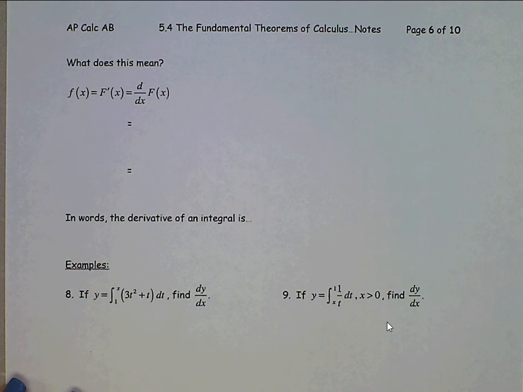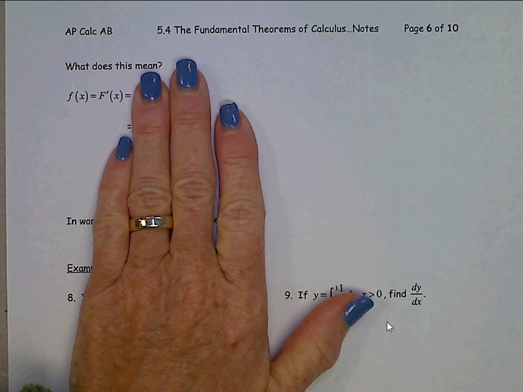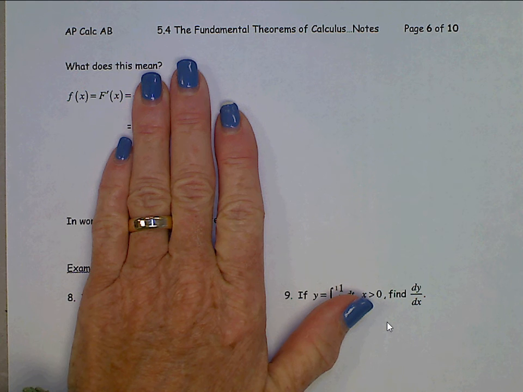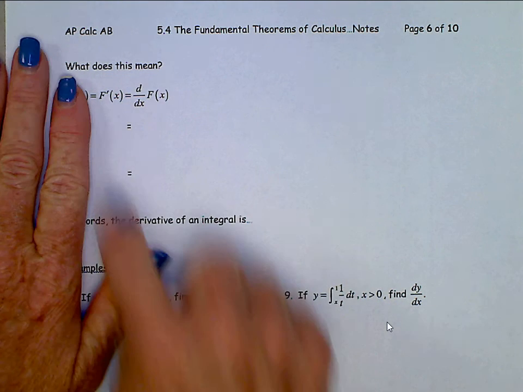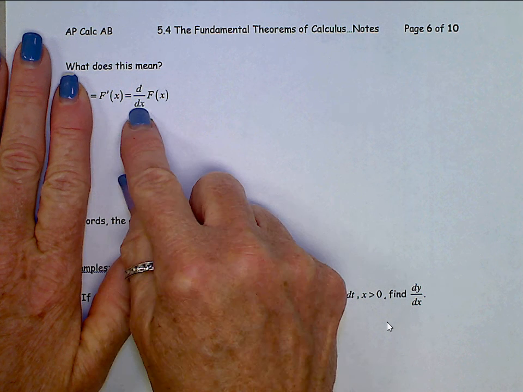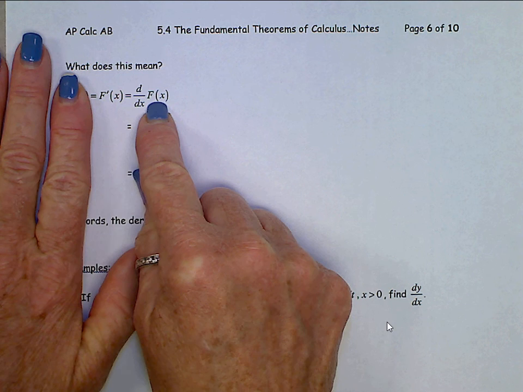Section 5.4, page 6. All right, on page 5, we had just derived a piece of information about area of an added-on section, and we ended up with that bit right there, that f of x was equal to F prime of x. Would you agree with me that this F prime of x is the derivative of F of x? Yes.